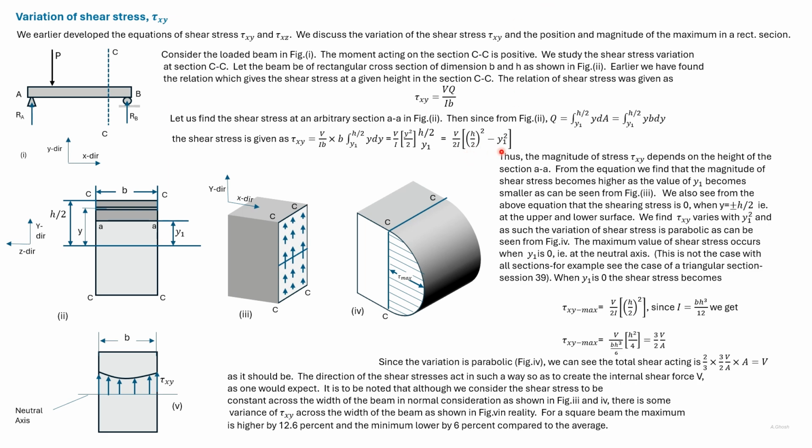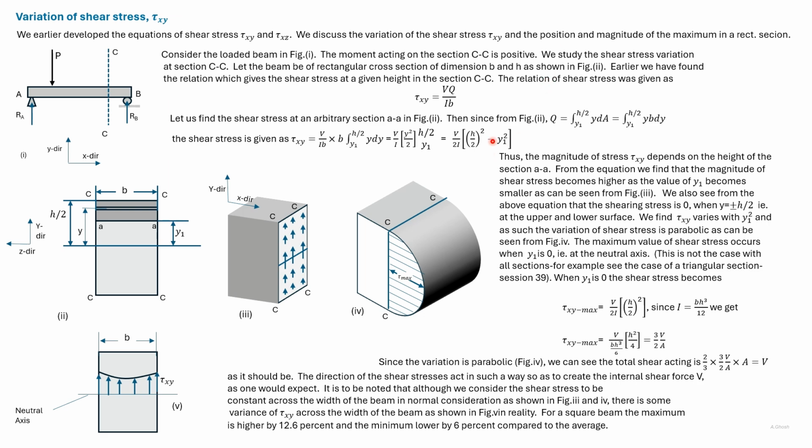From this expression, we can see that the variation of shear stress is parabolic. Also, the highest shear stress is when y1 is 0. So the highest shear stress is at the neutral axis.